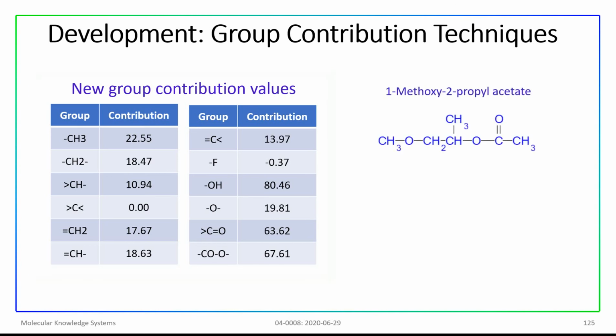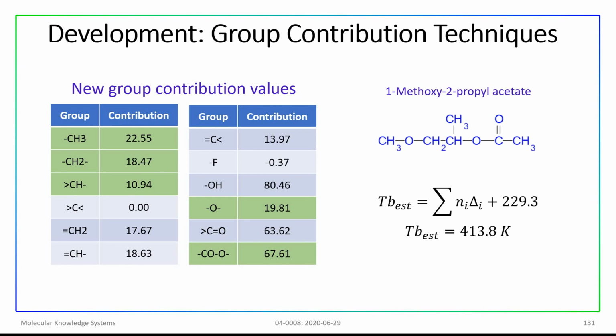As before, given a chemical's molecular structure, here we have 1-methoxy-2-propyl acetate, we first dissect the molecular structure into groups. We have 3 CH3 groups, 1 CH2 group, 1 branched CH group, an ether group, and an ester group.